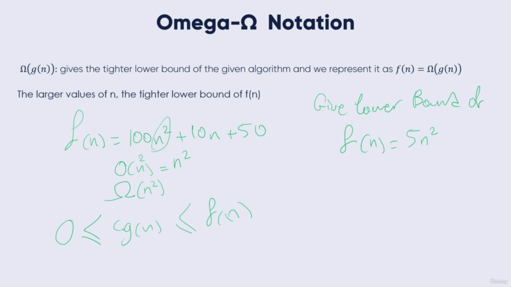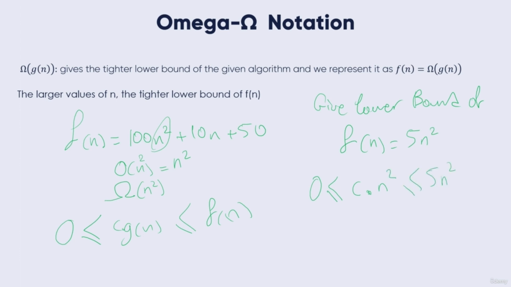For the lower bound, there exist c and n0 such that 0 is less than or equal to c times n squared, which is less than or equal to 5n squared.